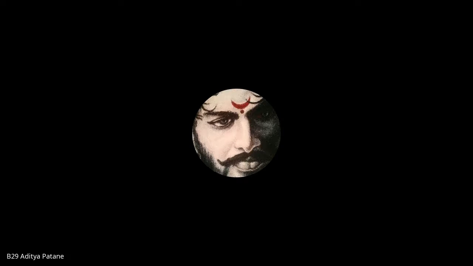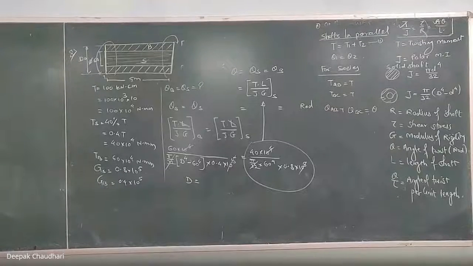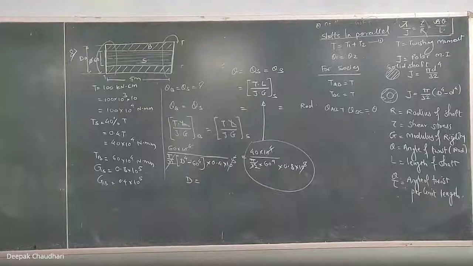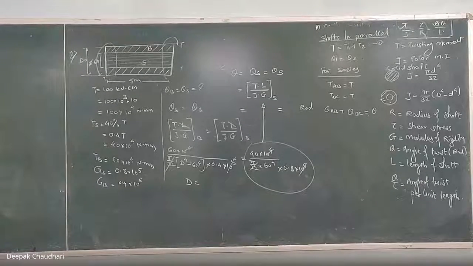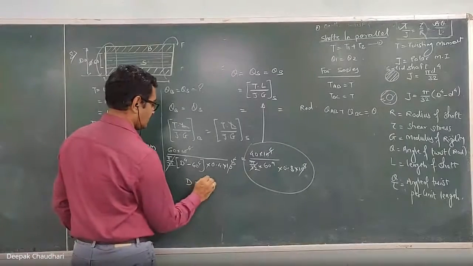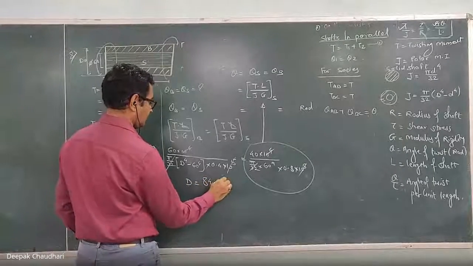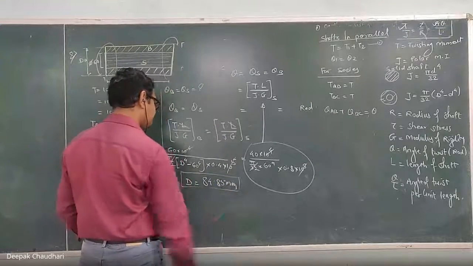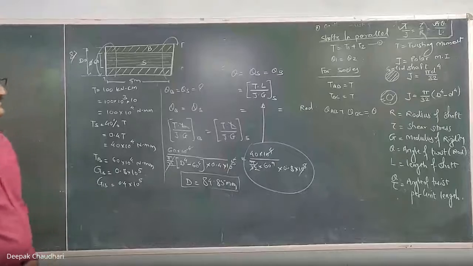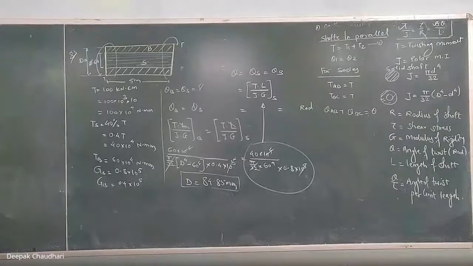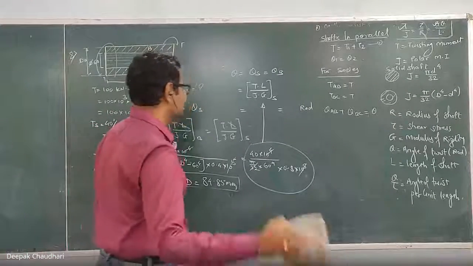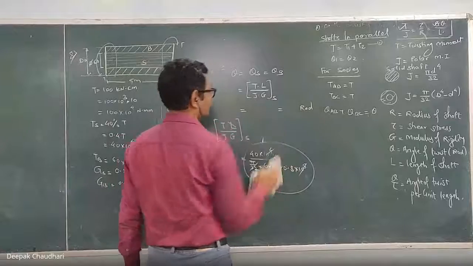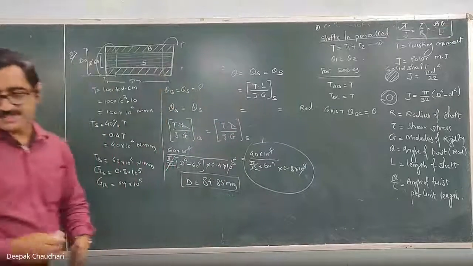Sir, 84.85. Okay. 84.85 diameter. It is the correct answer. And how much is the angle of twist, Sahil? Calculate the angle of twist.